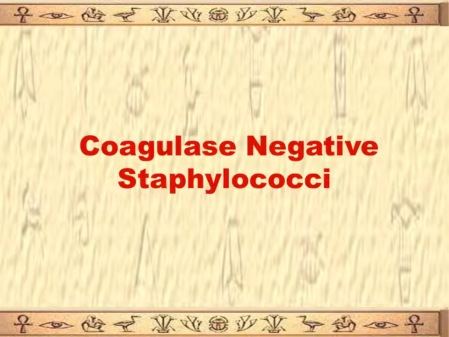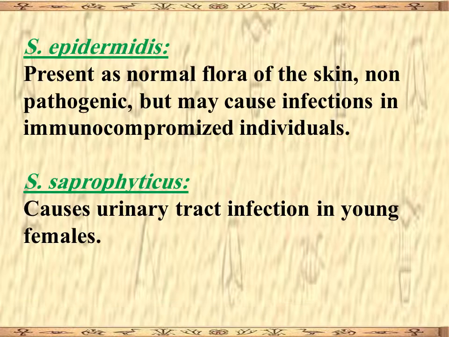Now we are going to discuss a different type of staphylococci, which is coagulase-negative staphylococci. It includes two types. The first one is Staphylococcus epidermidis, and the second is Staphylococcus saprophyticus. The epidermidis is characterized by being a part of the normal flora. It's present over the skin, and as it is flora, it is non-pathogenic. But when can it produce disease? As long as flora is present over its normal area and the person's immune system is intact, the flora cannot produce disease.